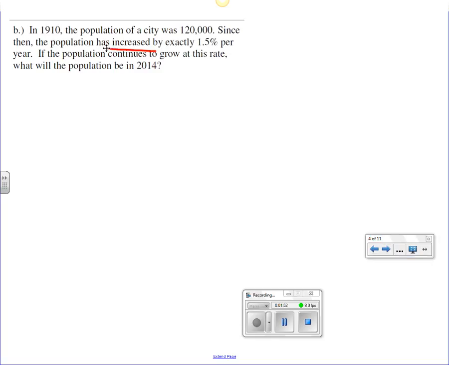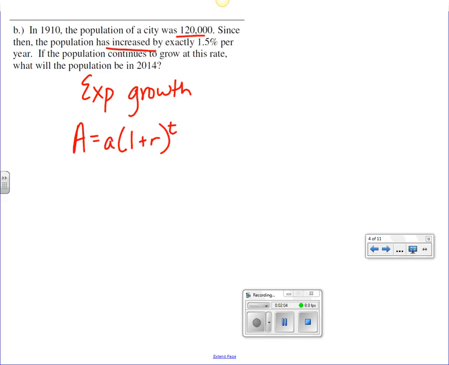So it's increasing, so this is exponential growth. So y equals a(1 plus r) to the t. It started off being 120,000, which was your initial amount. 1 plus your rate, which is 1.5%, so that's 0.015. And t, you're going to have to do one step here.